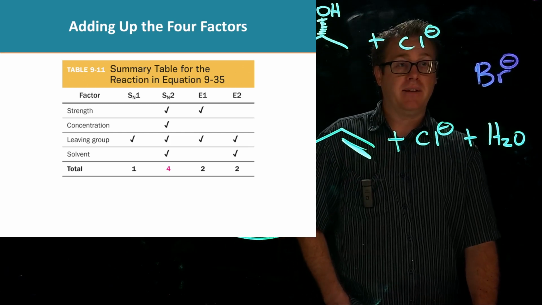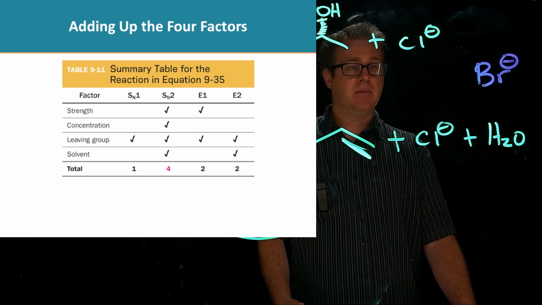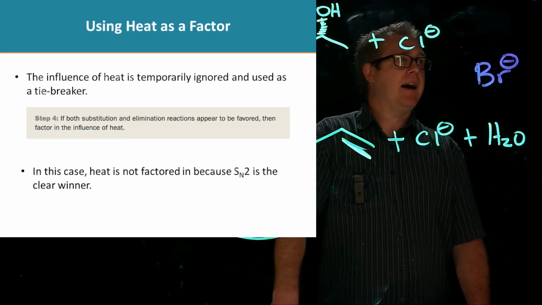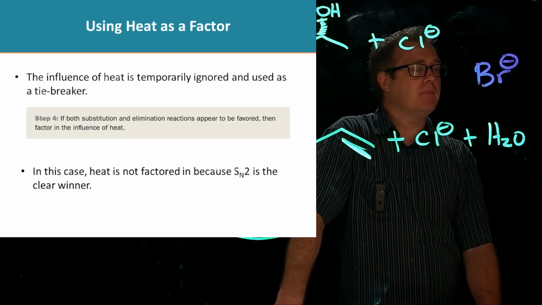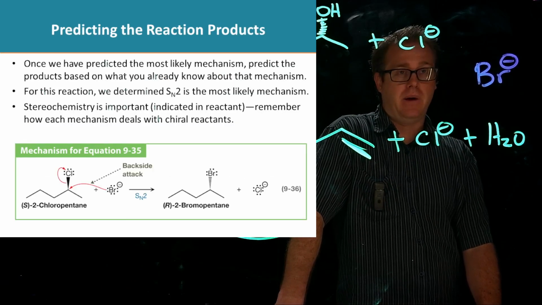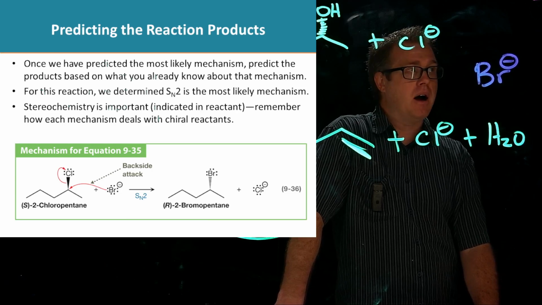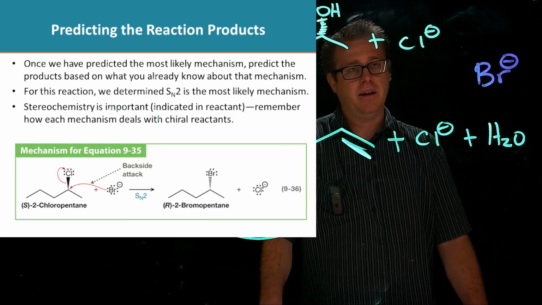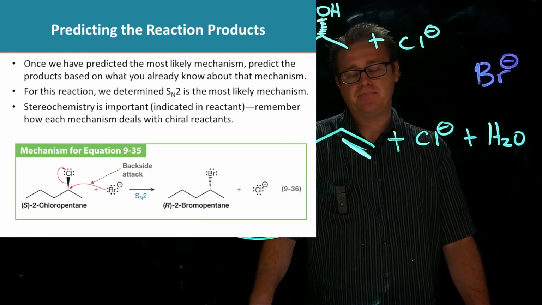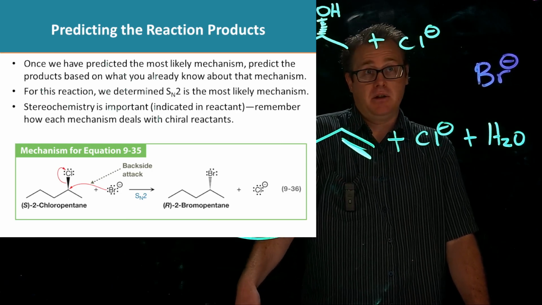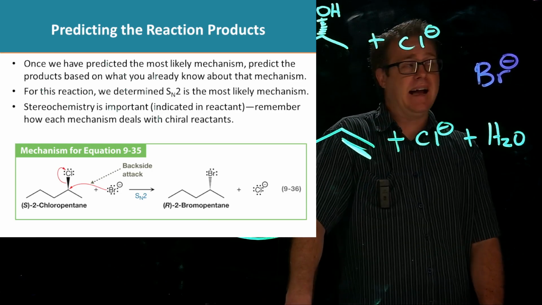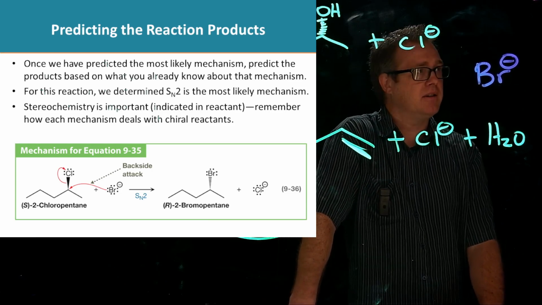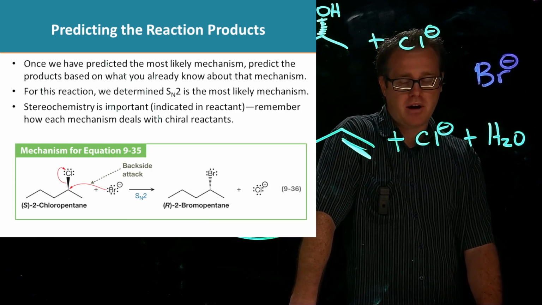Now that we identified what mechanism we have, we need to draw it out. There's the mechanism shown on the PowerPoint for the SN2 mechanism. We're going to do a backside attack. It's going to invert the stereocenter and give us our one product.